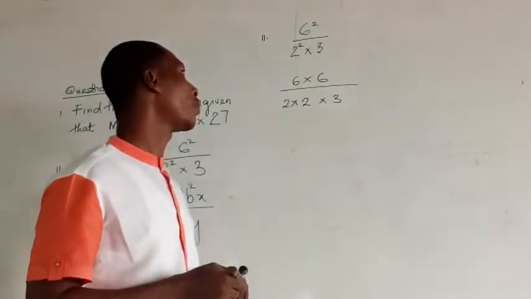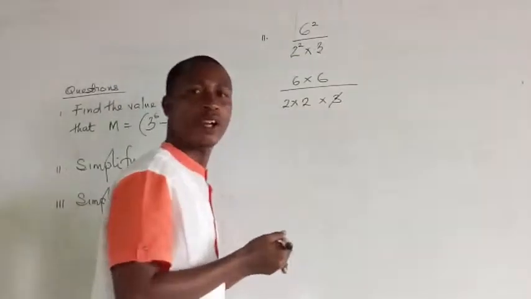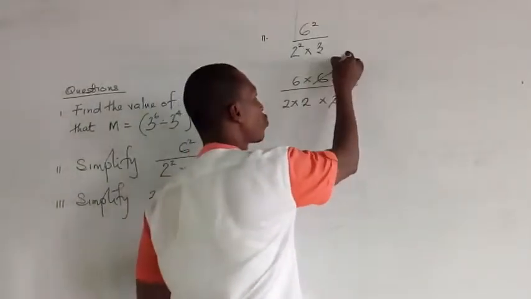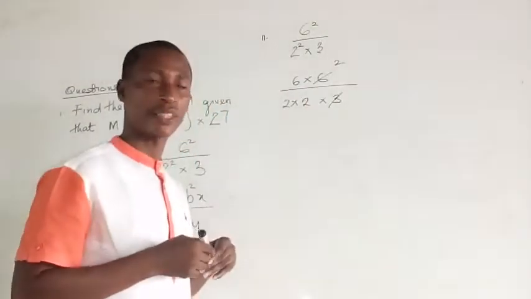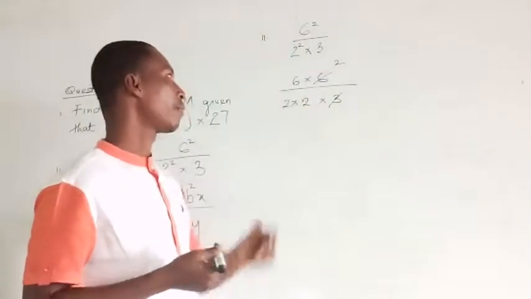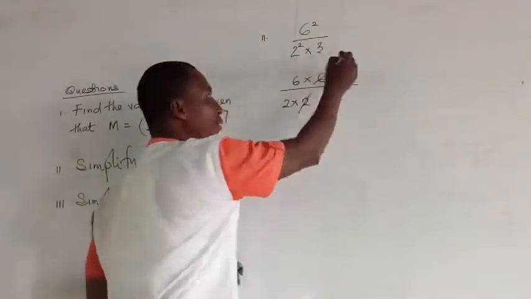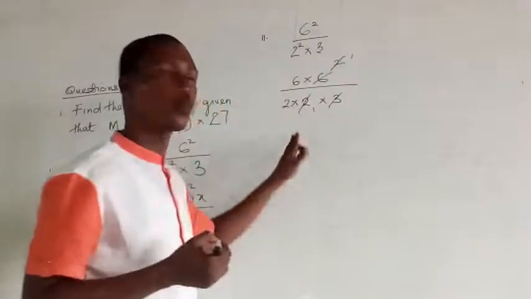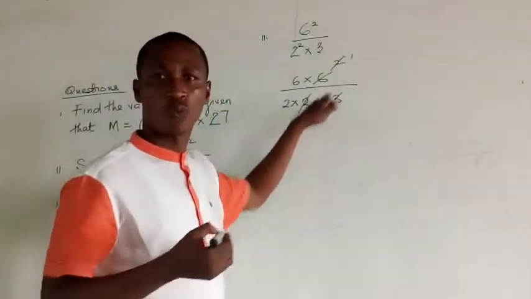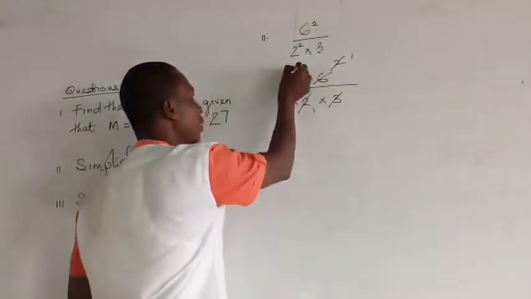Now what we do is this 3. 3 will divide 6 2 times. Have we seen that? Yes, 3 will go into 6 2 times. Then 2 will go into 2 1 time. If 2 is dividing 2, everybody will get 1. Then this 2 will go into 6 3 times.